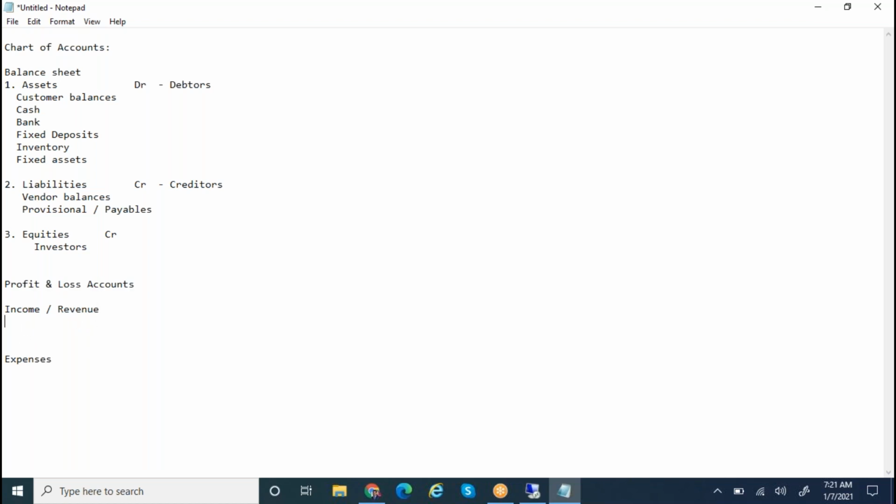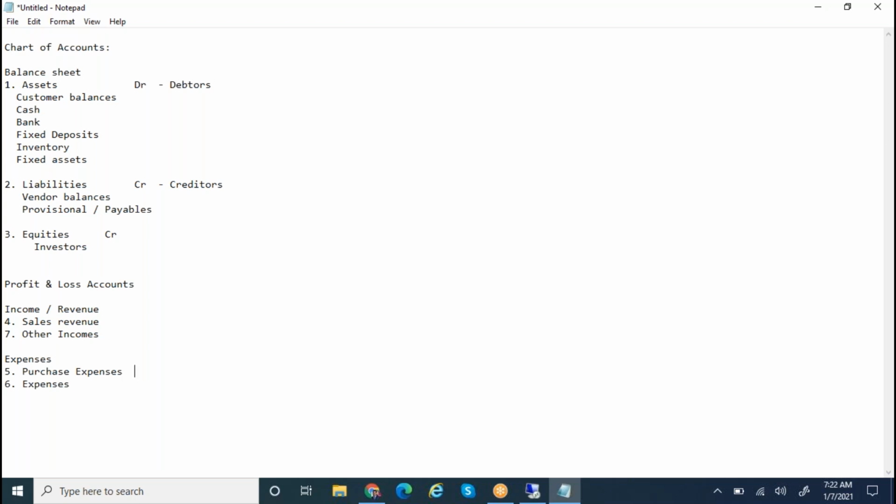But these are classified further. One is sales revenue, and another one is other incomes. And these expenses are classified into two. One is purchase expenses, another one is normal expenses.